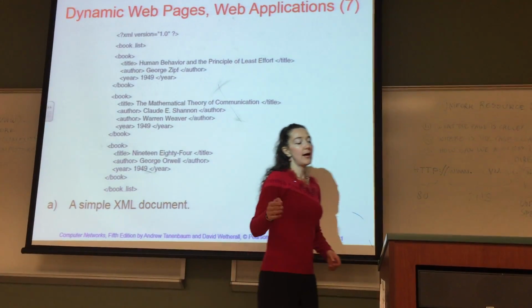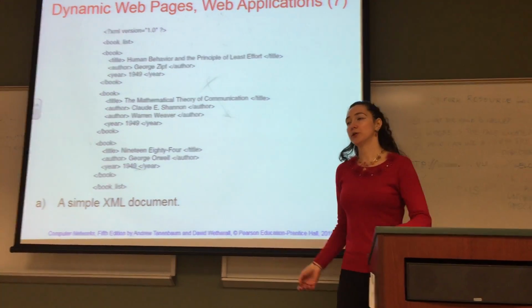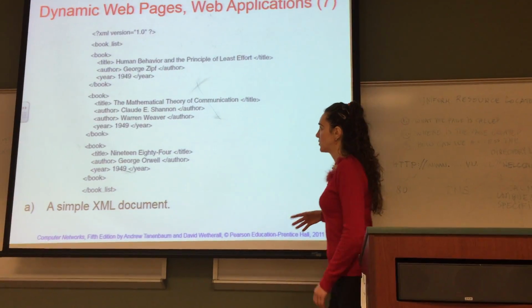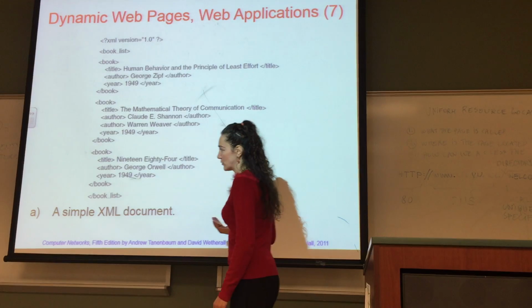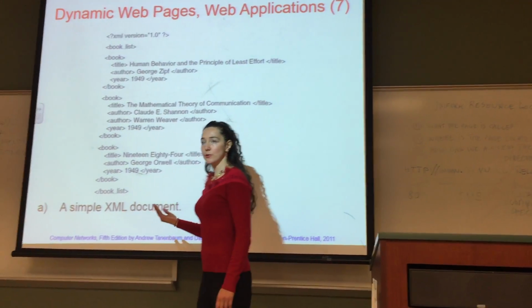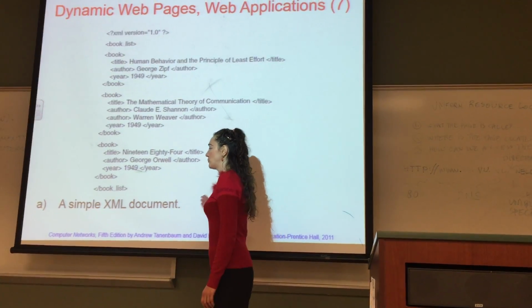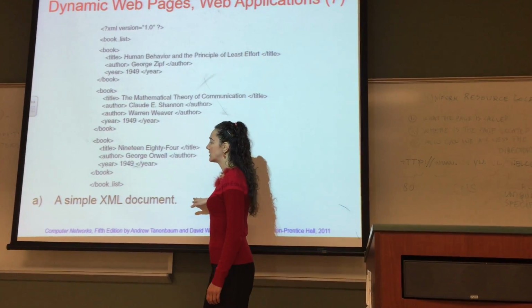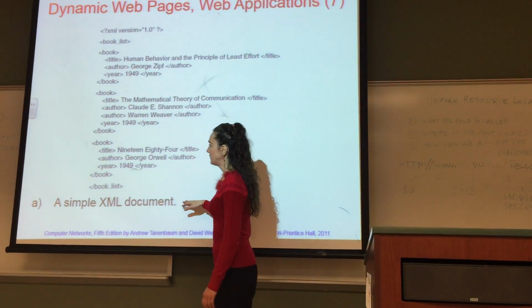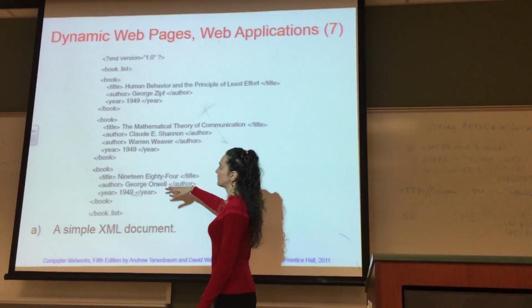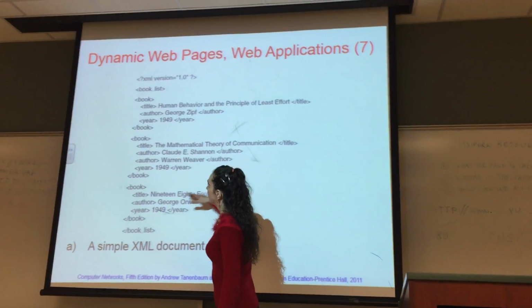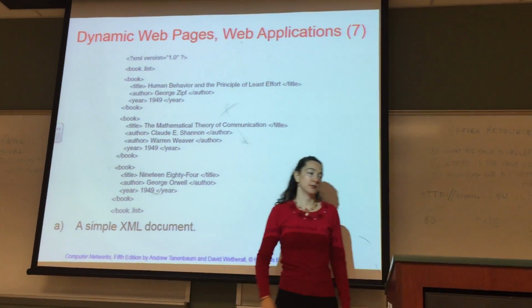Or this text is italic, or this text is a particular color, or there's an image here, and this is the size of the image, and so forth, but the tags are standard. So HTML has predefined tags. If we want to define our own tags, we could use an extensible markup language to do that. And then we can specify our own tags, such as book, or author, or something else that we want.